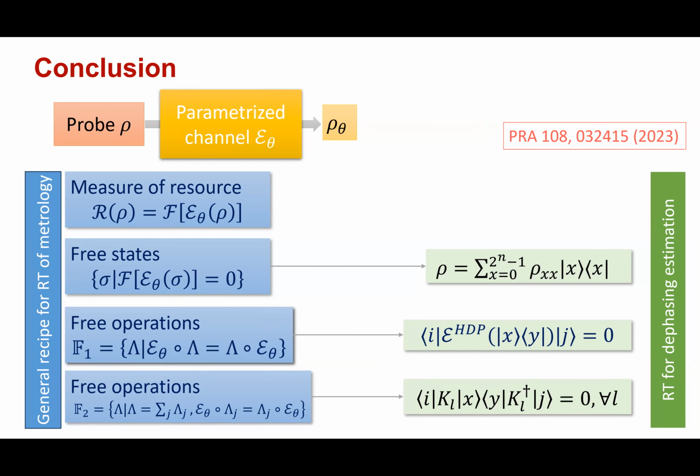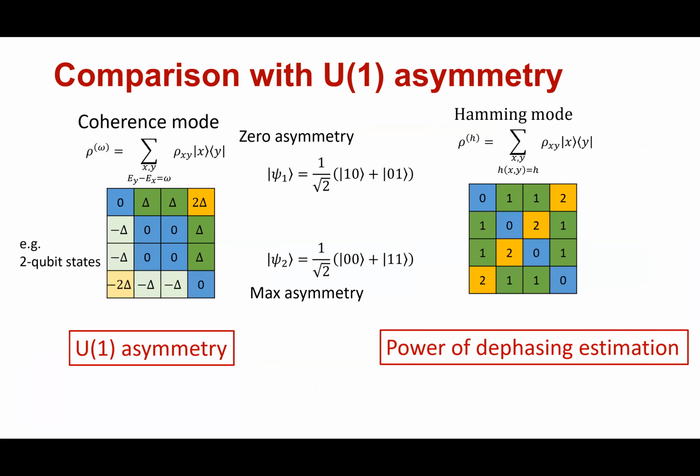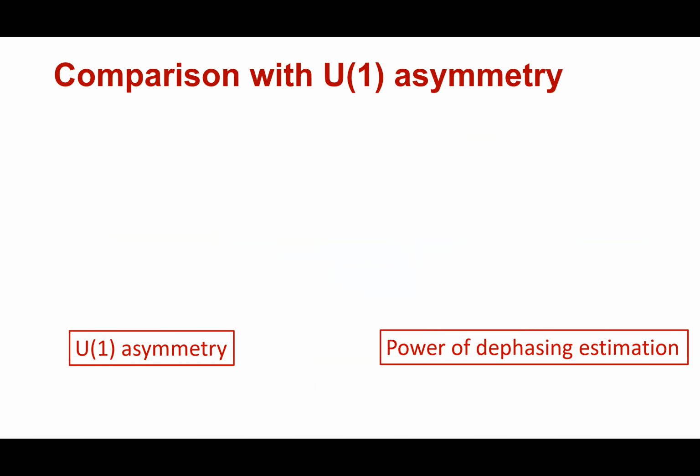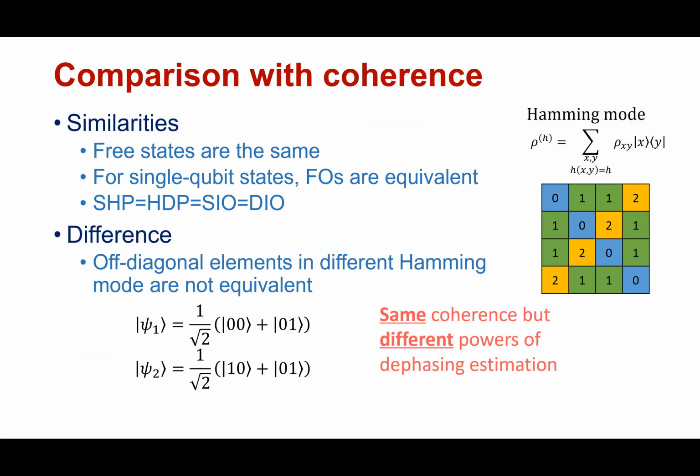But have you thought about the most resourceful state? Yeah, the most resourceful state for dephasing estimation is just the equal superposition of the maximally coherent state. I think in general you should be able to prove that they reach the Heisenberg limit. But in phase estimation, one cannot realize the Heisenberg limit.